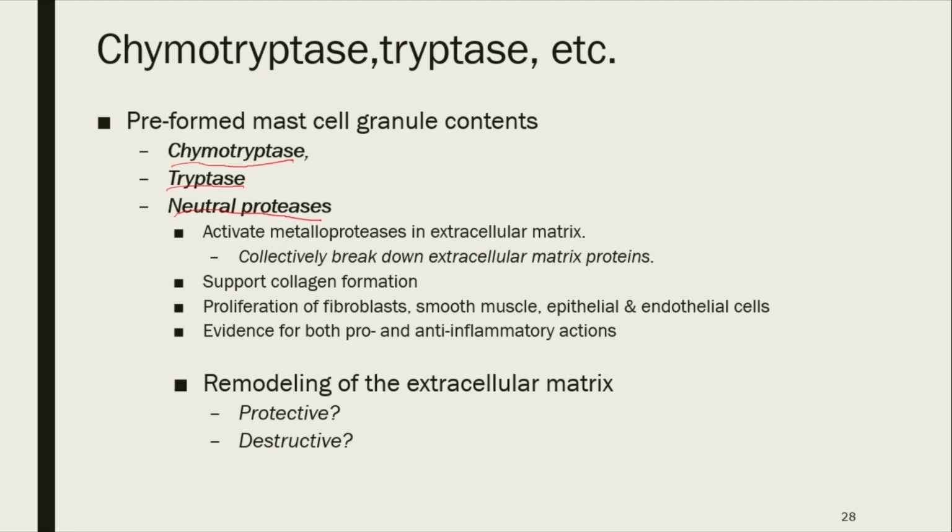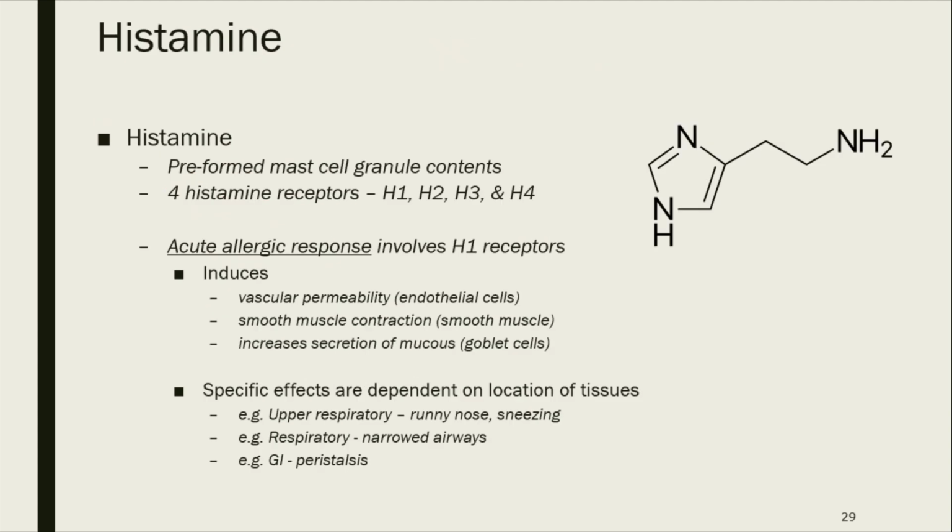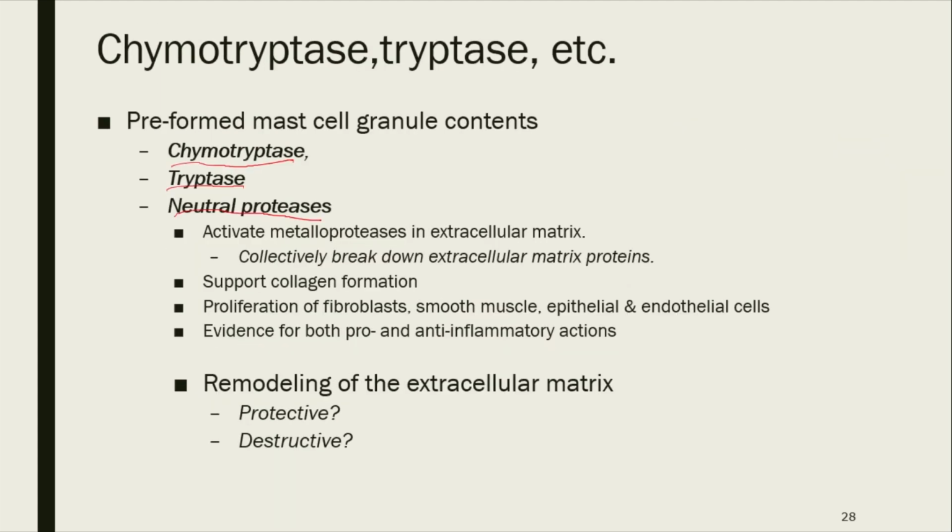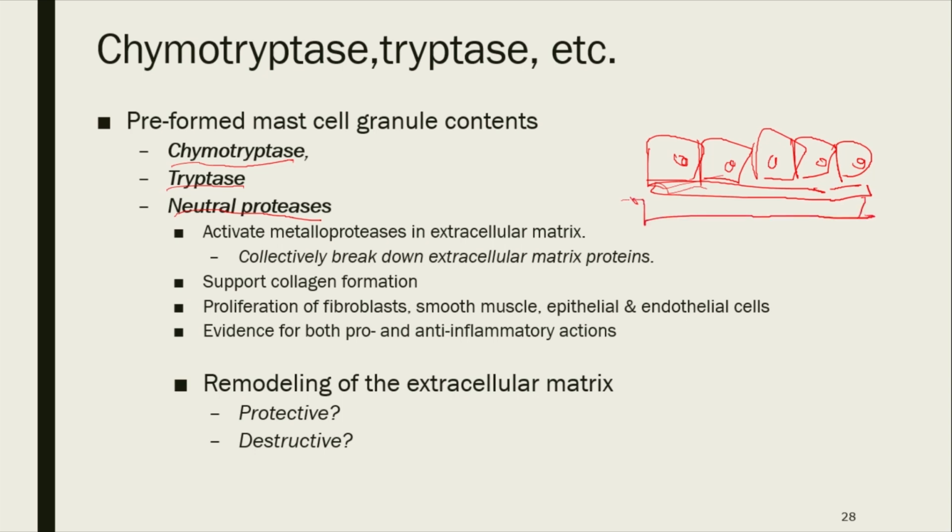Now, normally most cells cannot survive unless they are anchored to an extracellular matrix. So for extracellular matrices here, we have our cells here, and the basement membranes, and then the other connective tissues down there.